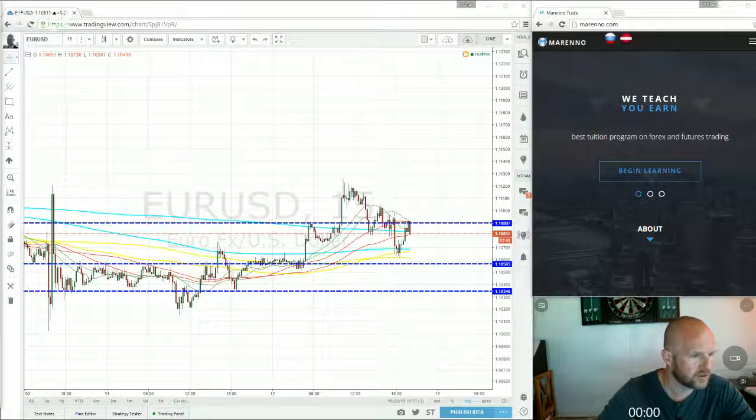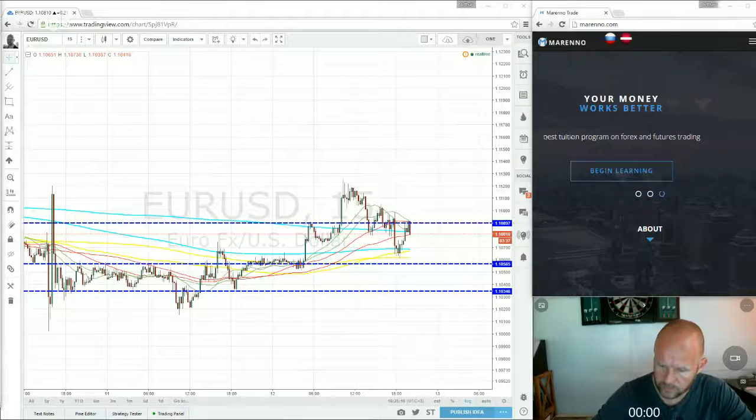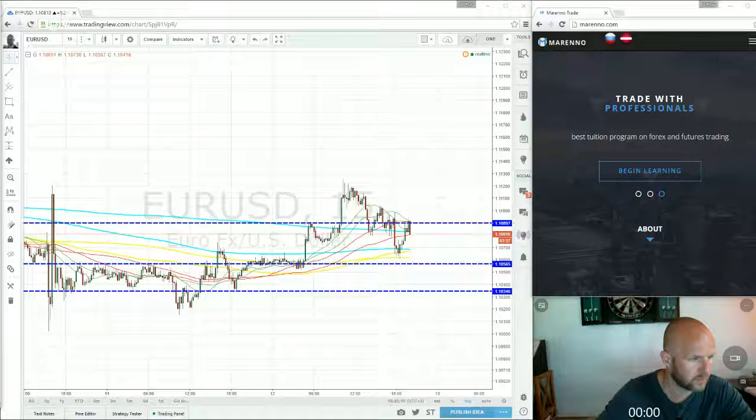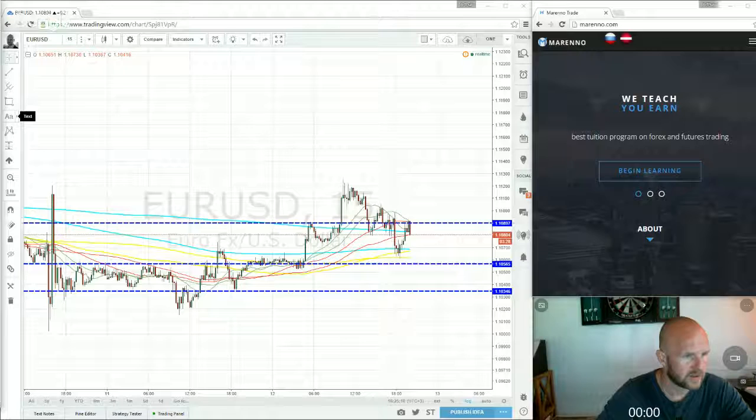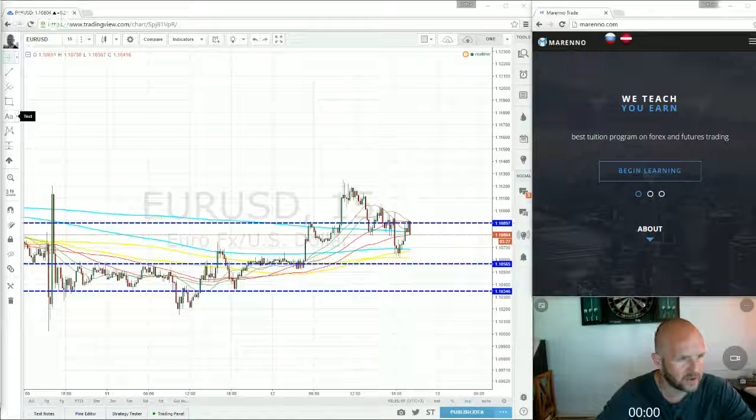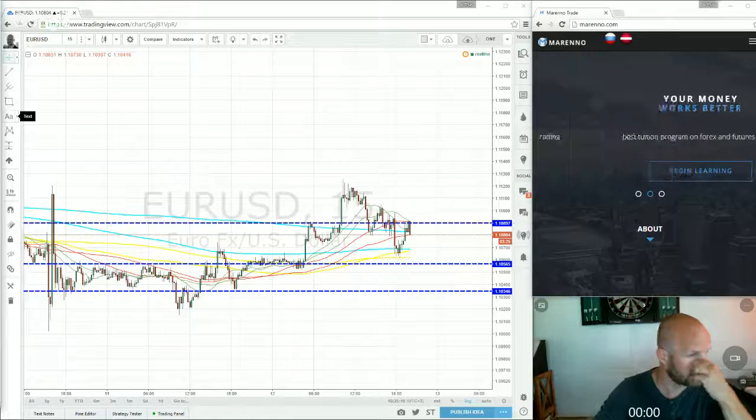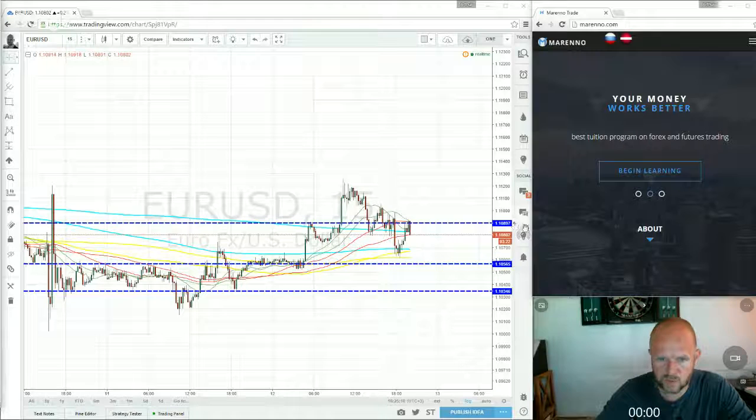Okay, stop loss at 1.1105. That's it, and I won't place any targets at the moment.